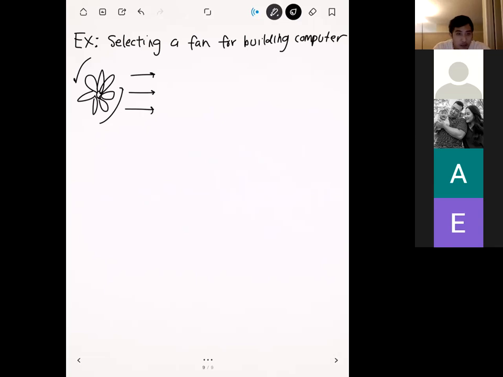And what we're interested in is, what velocity or how powerful does our fan need to be in order to cool our machine. And so what we don't know in this case is actually going to be U infinity. But we do know everything else about the system. Let's say that the temperature of the air is going to be 20 degrees C, so it's essentially room temperature, a little bit colder than that.